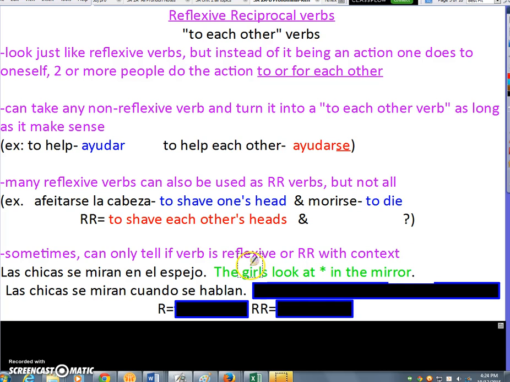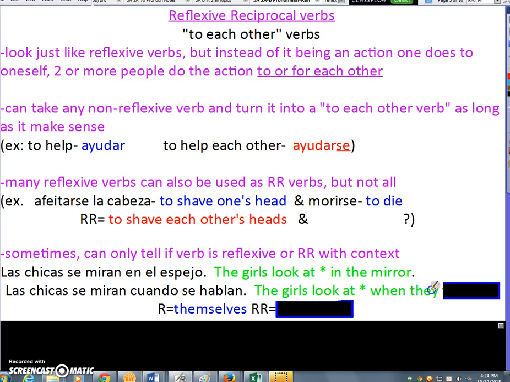Chances are what do girls do with mirrors? They look at themselves. Or in this sentence, las chicas se miran cuando se hablan, the girls look at blank when they talk to blank. Now this one, maybe girls are getting ready together in a bathroom, and it would make more sense to say the girls look at each other when they talk to each other.